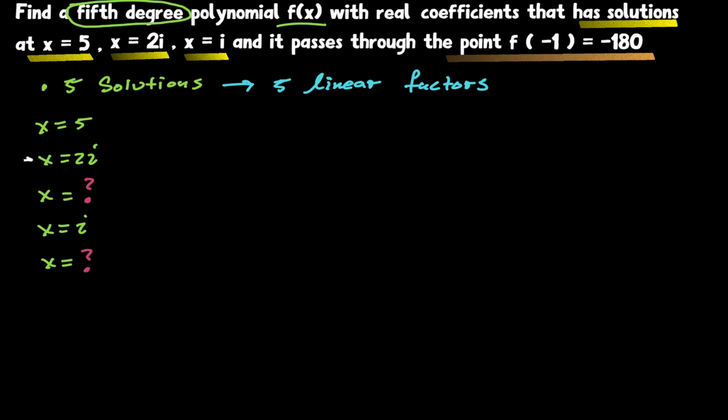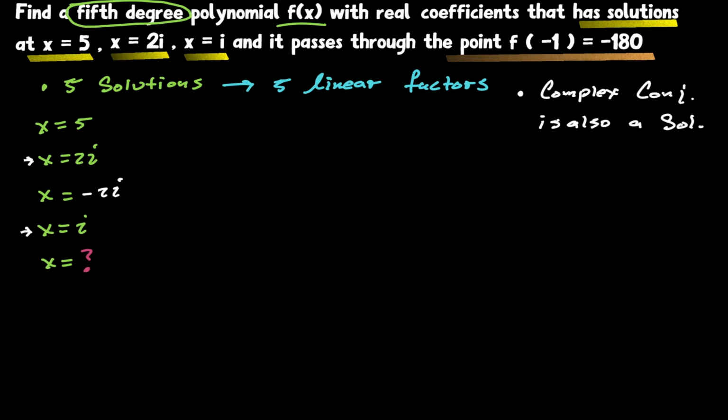Well, notice that the solution of 2i is a complex number, and x equals i is also a complex number. Don't forget that when we have a complex number as a solution, the complex conjugate is also a solution. So if 2i is a solution, the complex conjugate is -2i.